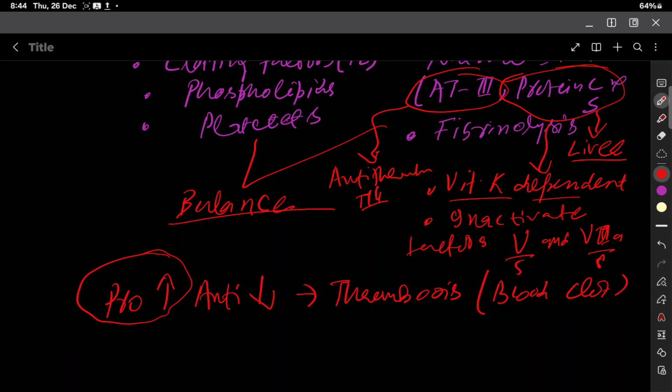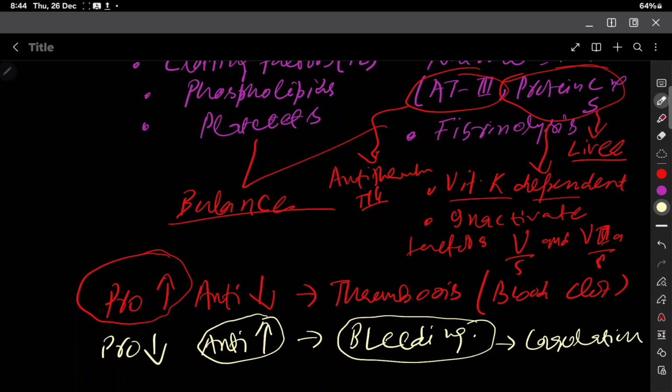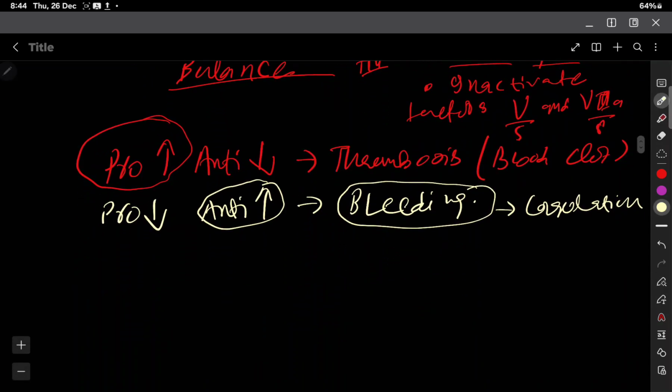A second condition can also happen, when the concentration of the procoagulants decreases and the concentration of the anticoagulants increases. Here the anticoagulants are increasing, that means there will be bleeding in our body. To prevent this bleeding, there will be a process of coagulation which we will be studying here. One more important thing is hemostasis.